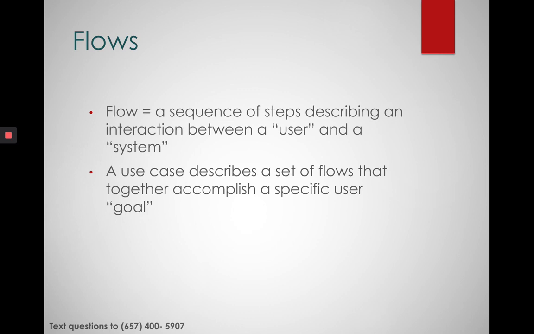So for example, for an ATM system, we might have one flow that goes like this. Flow 1 is you put in your card, you enter the PIN successfully, and you get your money out of the ATM. A different flow might be you enter the PIN incorrectly, and so you get kicked out of the system. A third flow might be you enter your PIN incorrectly 3 times, and then you're locked out of the system for the rest of that day or something like that.